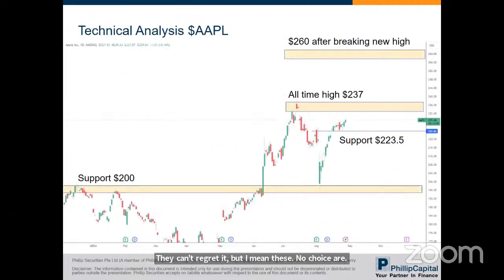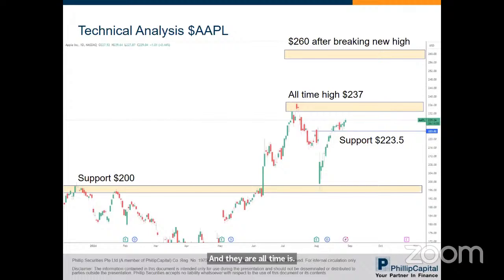So this is my technical analysis for Apple. You can take a screenshot and then refer to it. Apple has demonstrated a clear uptrend. However, the price seems to be slowing down as it approaches the immediate supply, and their all-time high is 237.